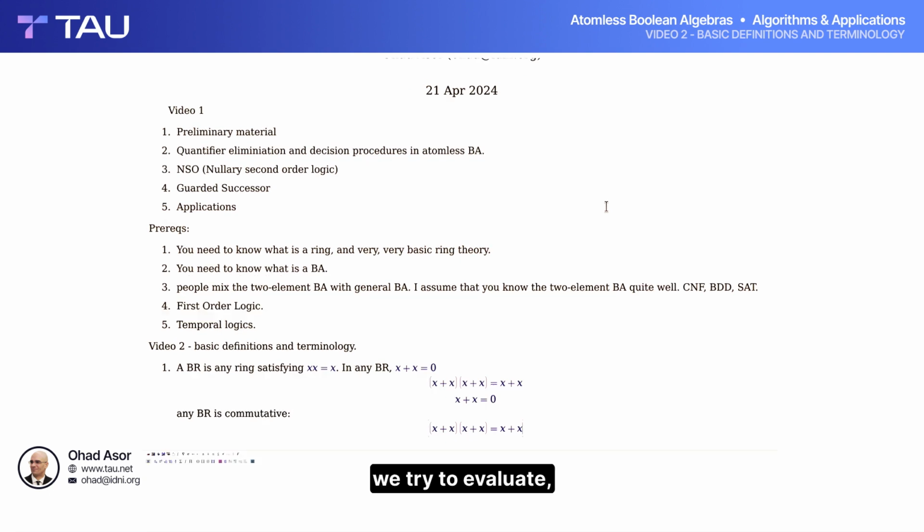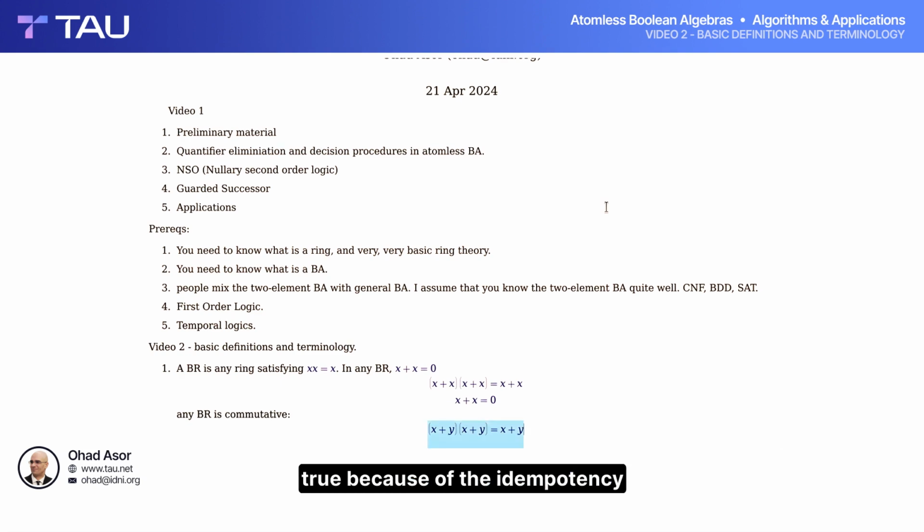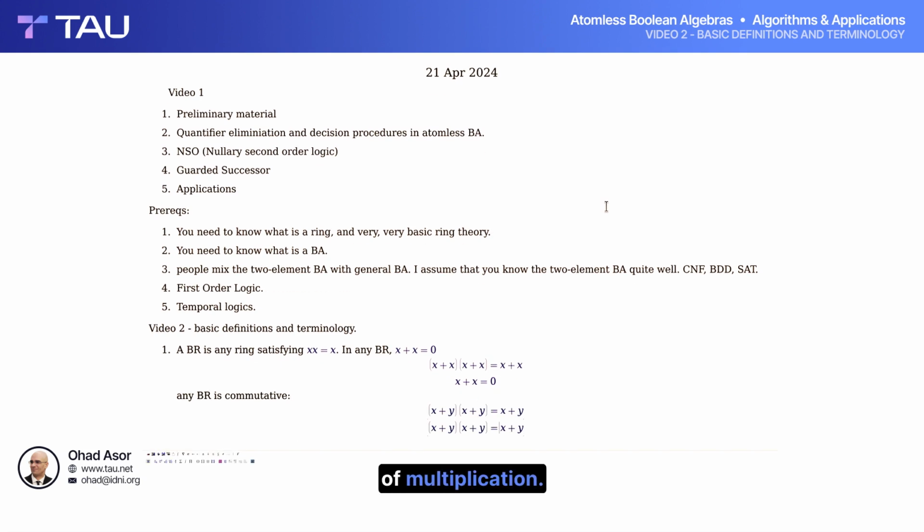To do so, we write down this expression, which of course has to be true because of idempotency of multiplication. Now, let's distribute. Let's use the distributive law. We get this thing. Now, this y can be just y because of the idempotency of multiplication.